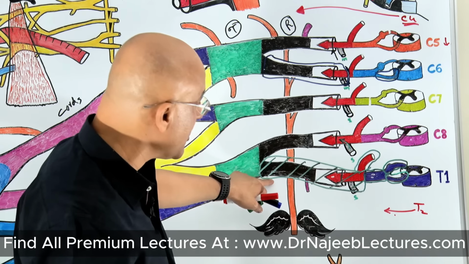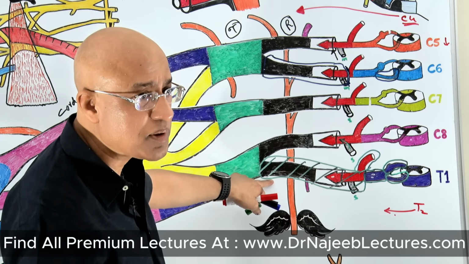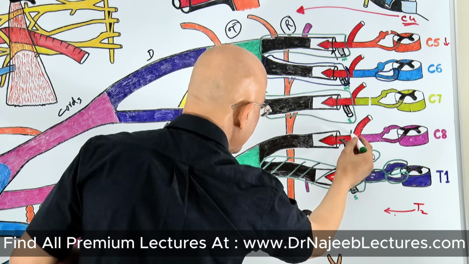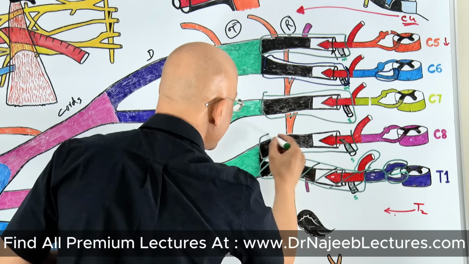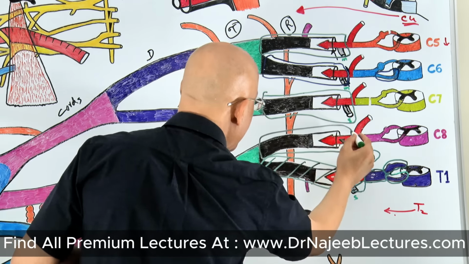Now this ventral ramus, if it is coming from C5 ventral ramus, this one, or C6, what is this ventral ramus? C7 ventral ramus. And what is this ventral ramus? C5 ventral ramus. And what is this ventral ramus? C8 ventral ramus. Now these ventral rami or anterior rami are called brachial plexus roots.